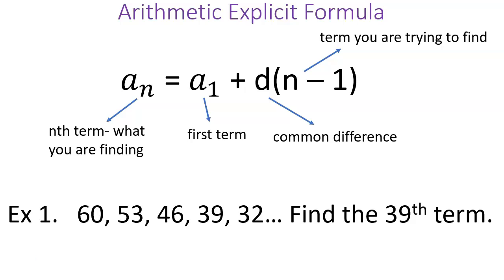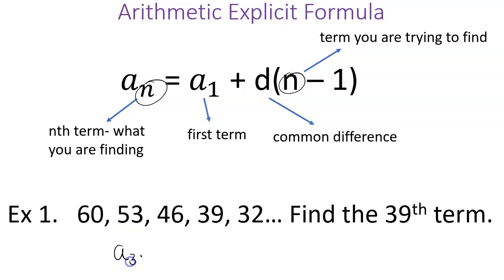We've also learned the arithmetic explicit formula: a sub n equals a sub 1 plus d times n minus 1. And we can use this formula to find any term in an arithmetic sequence. So in the example that we did previously, we remember that the n stands for the number we're trying to find, which is the 39th term.